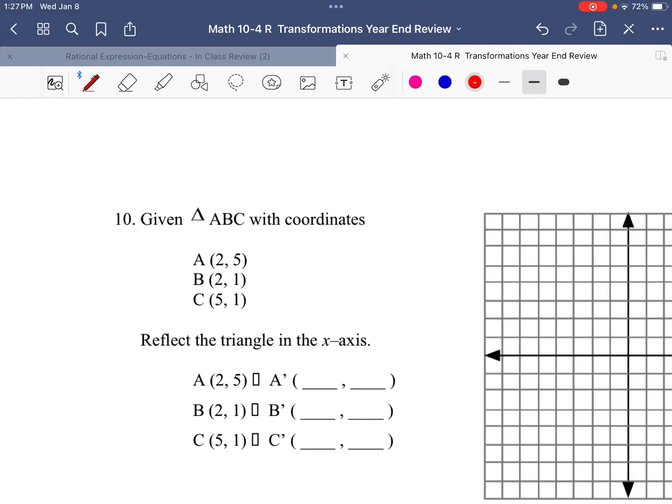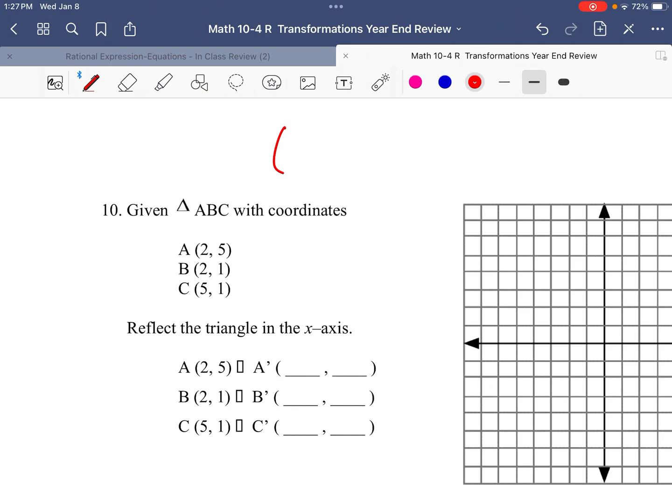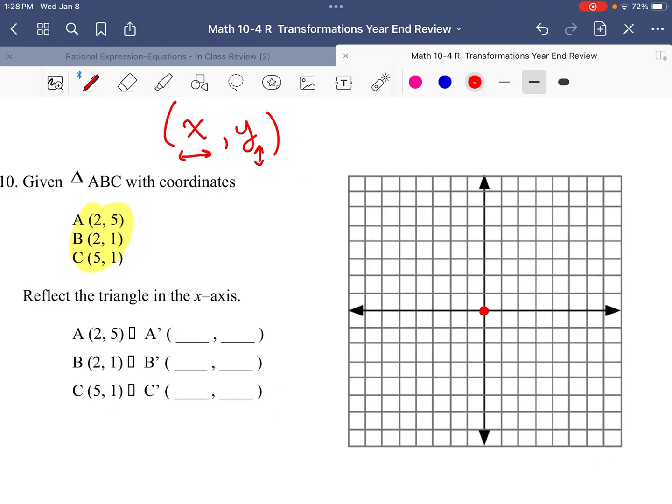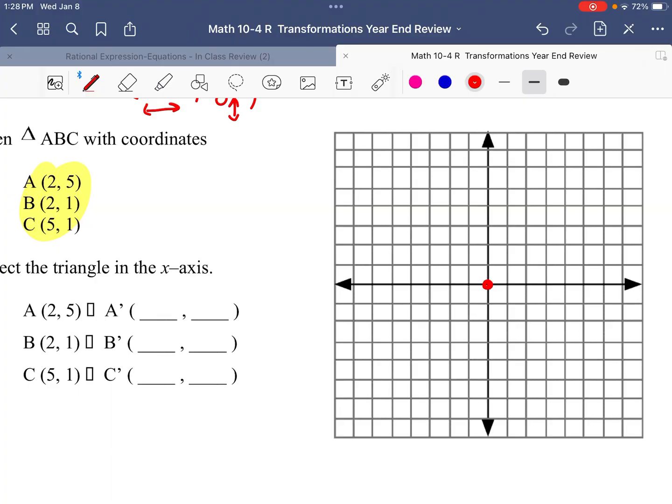All right, the last part, coordinates. So coordinates are always your x, which is moving left or right, followed by your y, which is our up or down. And you're always starting from 0, from that center point when you talk about coordinates. So our first thing we're going to do is we're going to try and plot these points. So A is at 2, 5. So we go left and right first, and then we go up or down, starting from the middle. So A is at 2, 5.